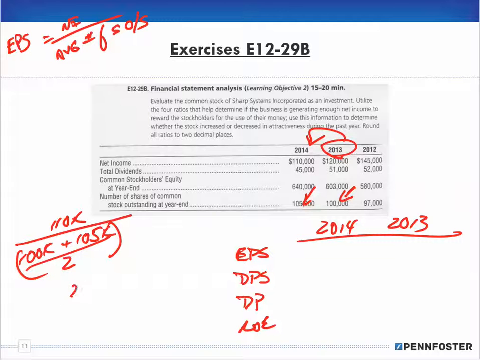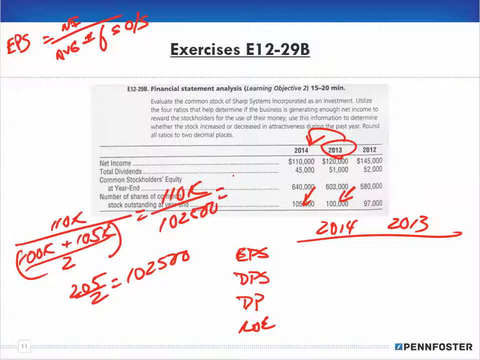So that's 205 over 2, which is 102,500. So I have 110,000 over 102,500, and dividing 110 by 102,500 gives me 1.07 for 2014. Okay, pause the video to write that down because I'm going to erase.